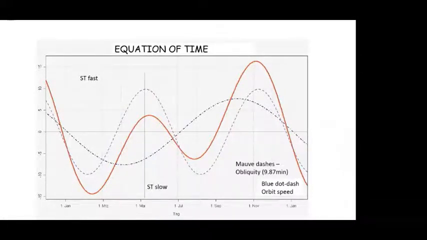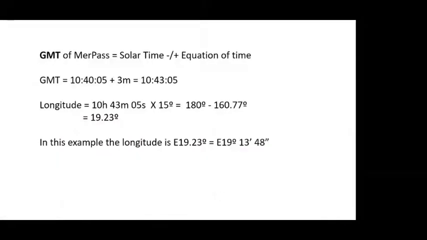minutes fast. We then apply this correction, the equation of time, to the GMT of meridian pass, solar time plus or minus, in this case 10:40 plus 3 minutes, which gives us 10:43:05, which we know is our longitude expressed in hours, minutes, and seconds.